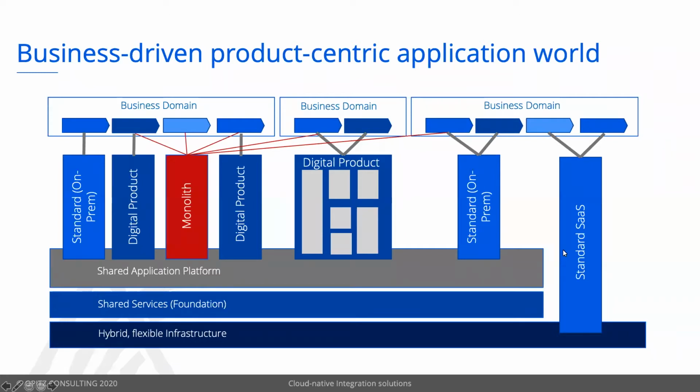But the baseline here is that we need to integrate all those different types of systems, and to make the heterogeneous IT system landscape more homogeneous. So this is the overall goal, why we need integration.